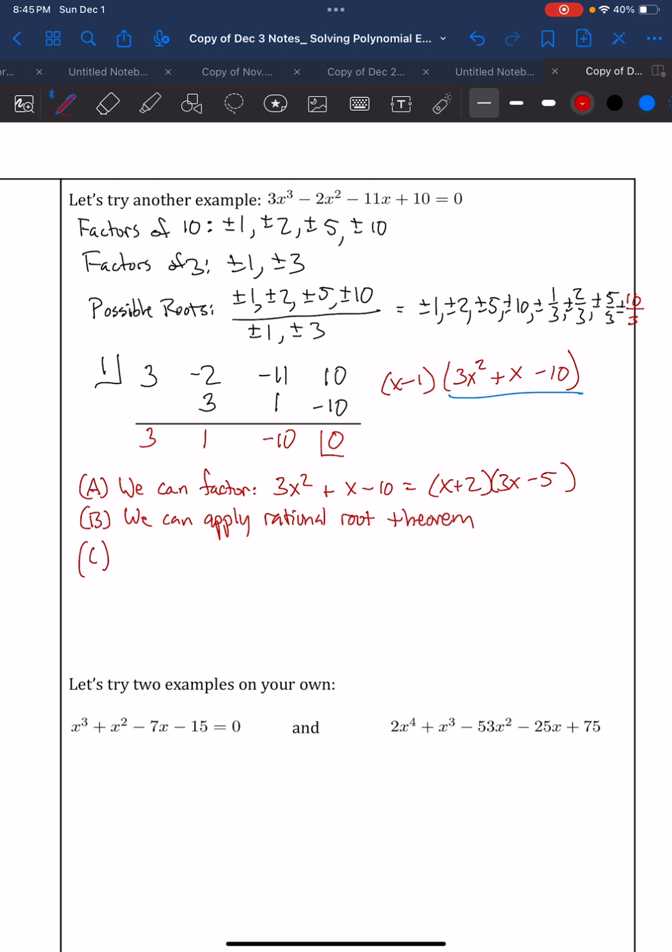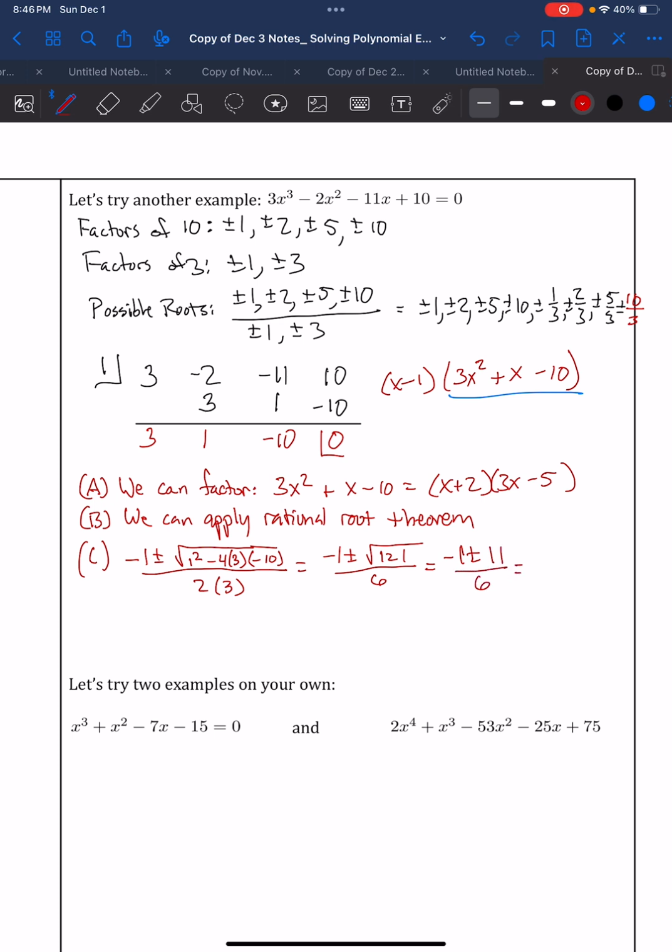We can use the quadratic formula on that. So if we use the quadratic formula, we get negative 1 plus or minus the square root of 1 squared minus 4 times 3 times negative 10, over 2 times 3. So we get negative 1 plus or minus the square root of 1 plus 120, so square root of 121 over 6, which is negative 1 plus or minus 11 over 6.